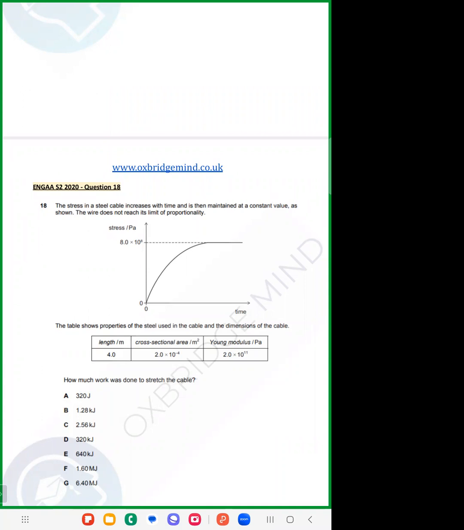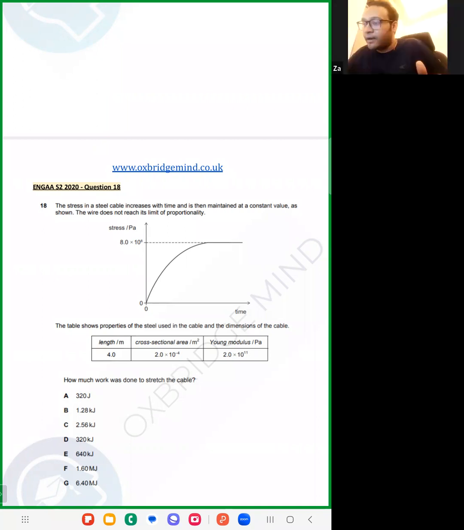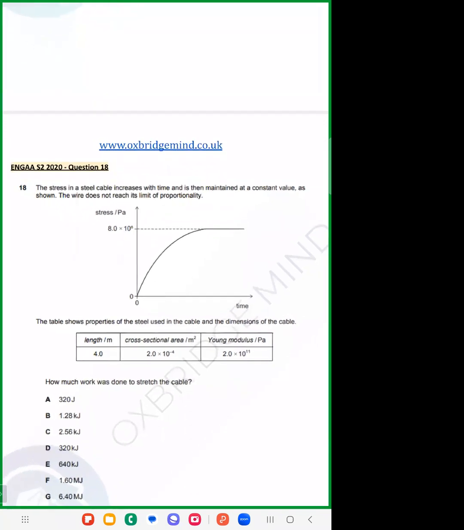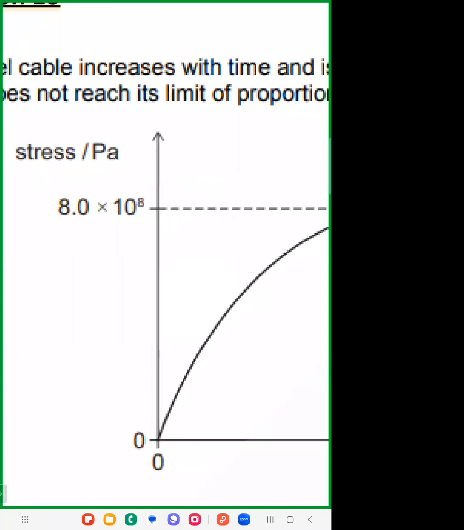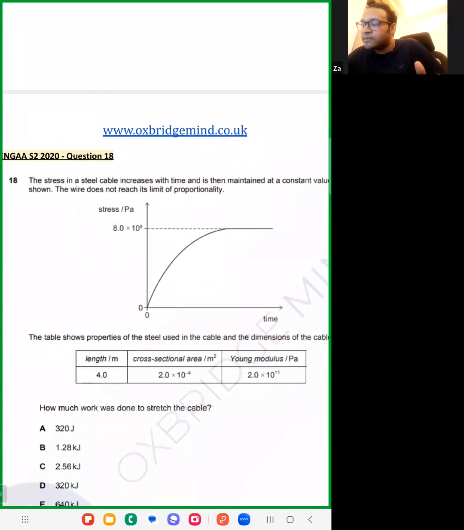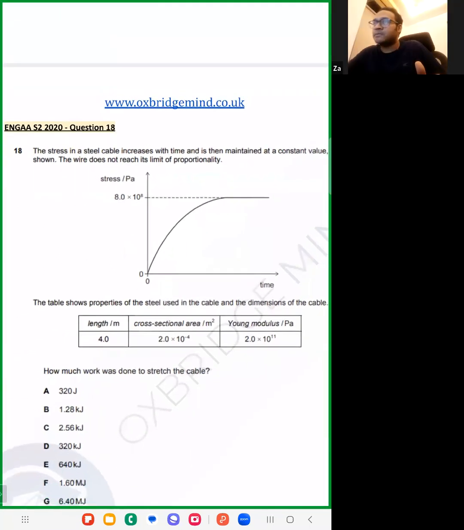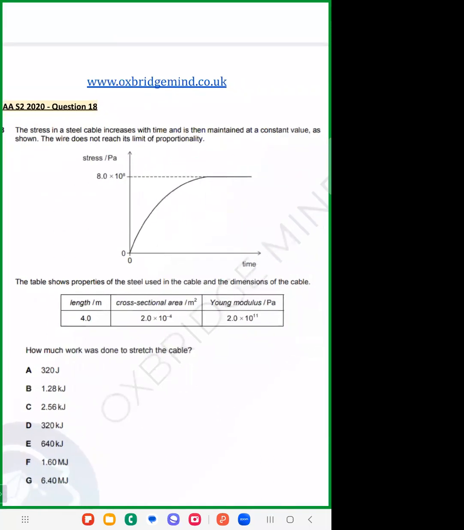Is that 8 times 10 to the 8 on the top? Or is it 9? It's 8 into 10 raised to the power 8. It's very small, no? Yeah, 8 into 10 raised to the power 8. Go ahead.